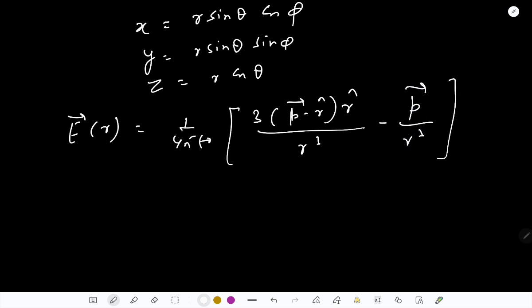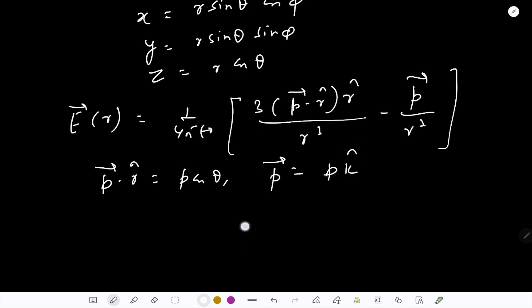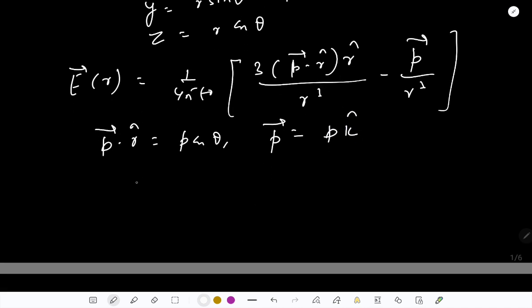In this case, p dot unit vector r is p cos theta, and vector p is p k, and r was x i cap plus y j cap plus z k cap, and I got the values of x, y, z.